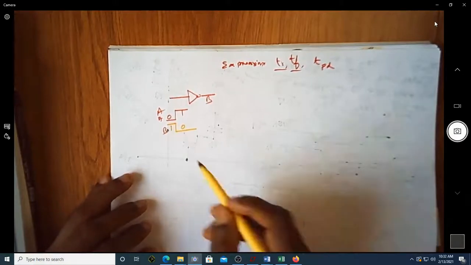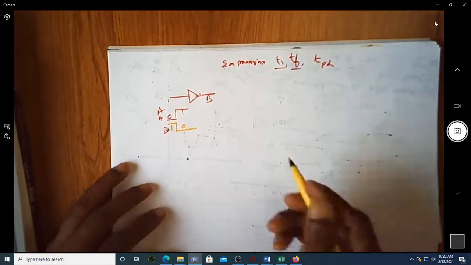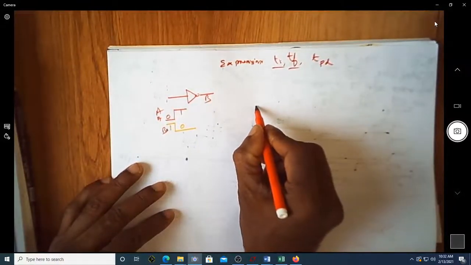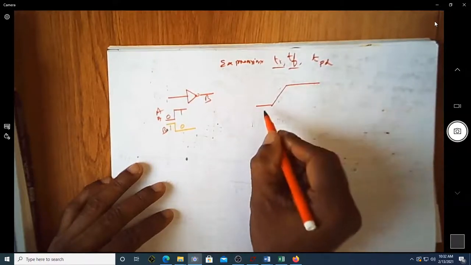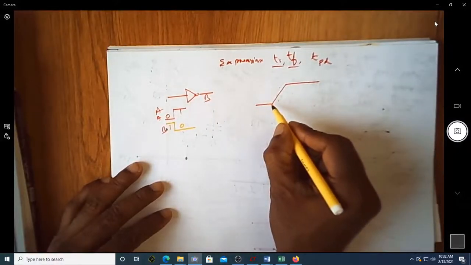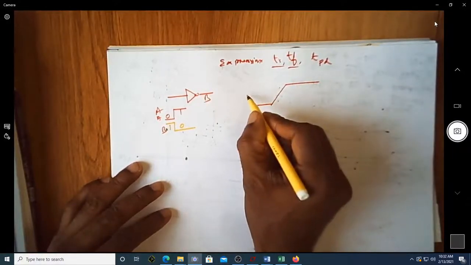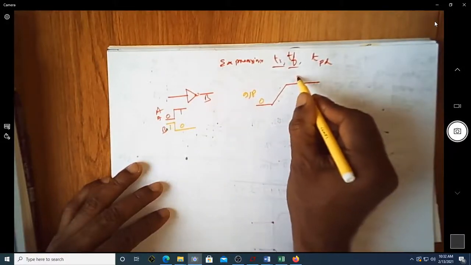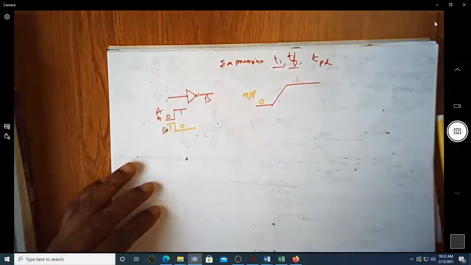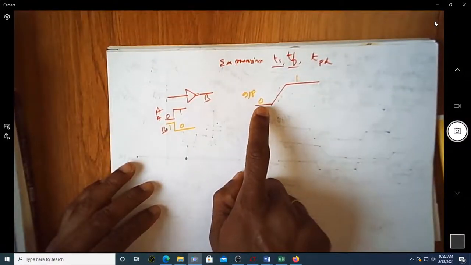Typically we will not have inputs which change instantaneously from 0 to 1 within no time. Typically the timings will be something like this, with some definite time for a transition from 0 to 1. Assume this is the input going from 0 to 1, taking some time for the input itself to rise.